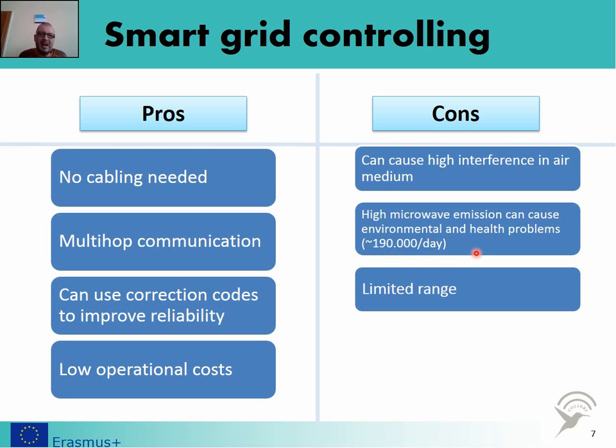So you see how big the microwave emission caused by these nodes is, and it's for sure not healthy and not good for the environment, and can cause health problems. And of course, the limited range will cause the problem of errored messages and require creating more sophisticated methods of routing.